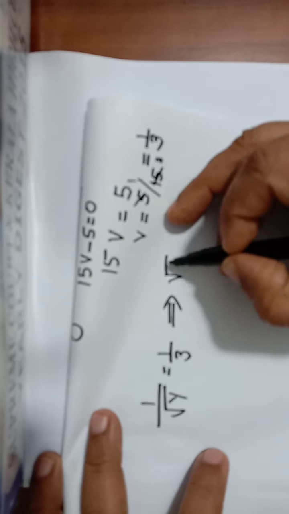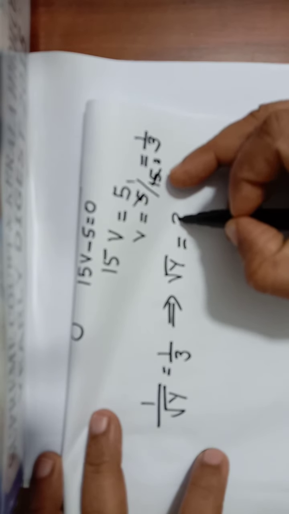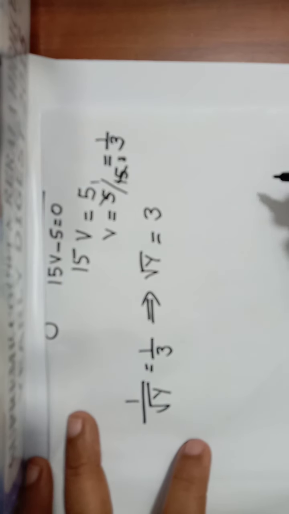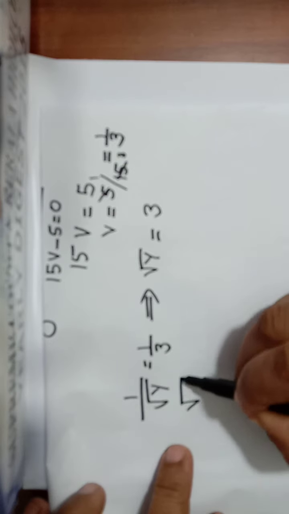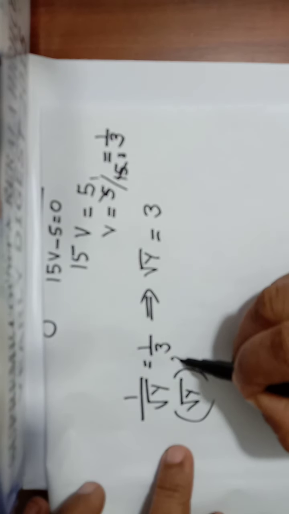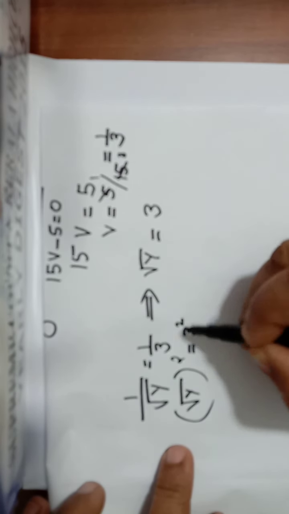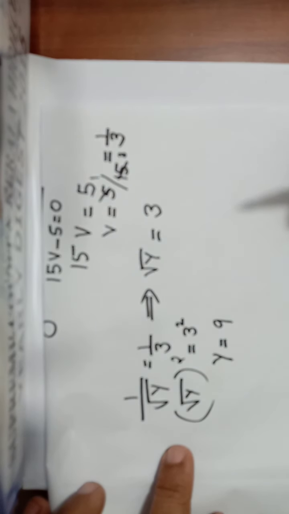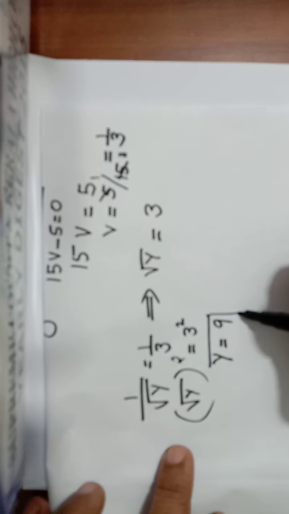Therefore, this implies root y is equal to 3. How do we remove the square root? We have to square on both sides. Root y whole square is equal to 3 square. Root y square is y. 3 square is 9. So we got the value of y as 9.